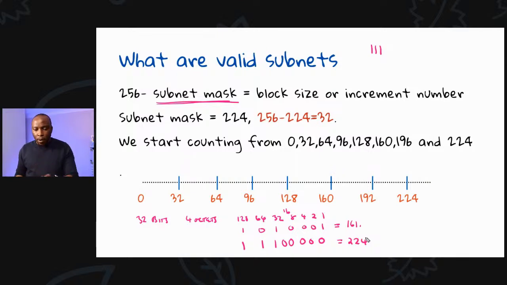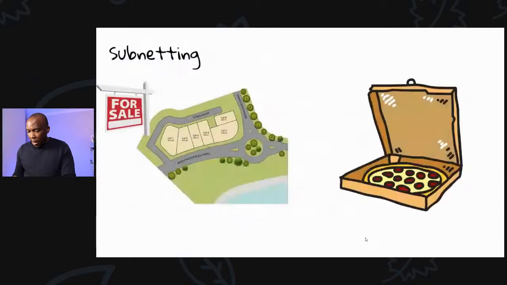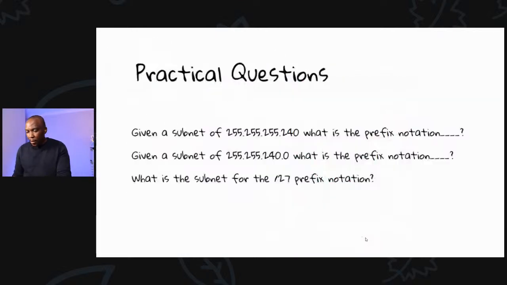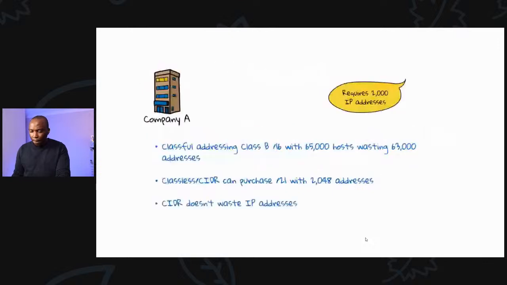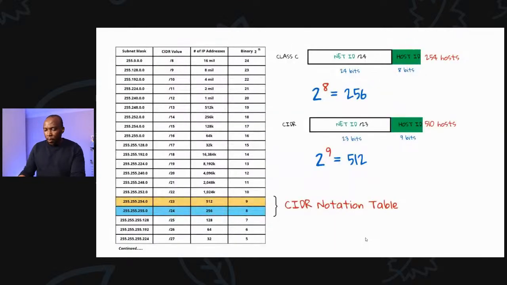Remember earlier on we covered this table. I mentioned that we need to master this table because we are going to need it as we progress in our IP addressing lessons and as we look at subnetting.